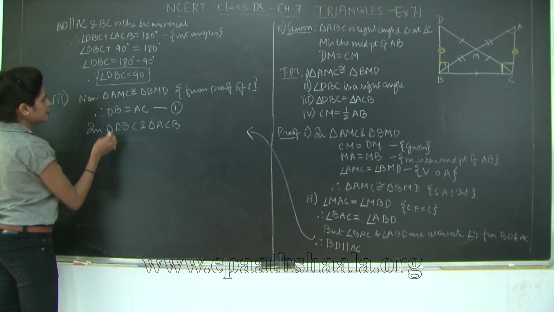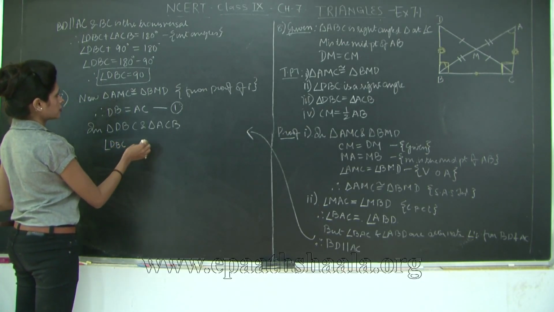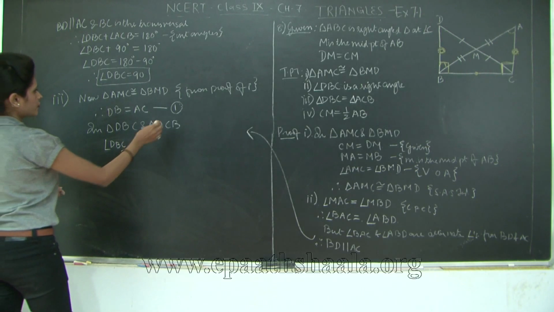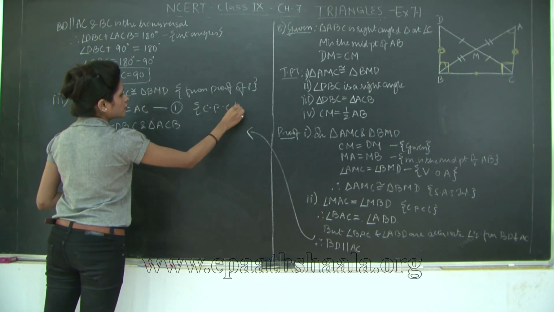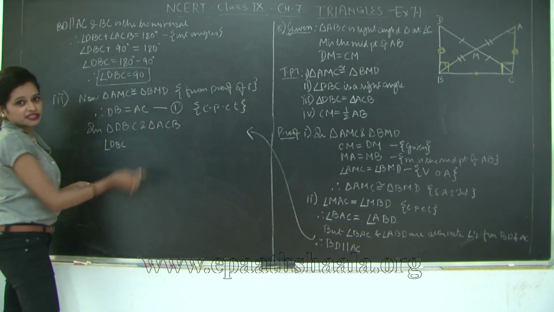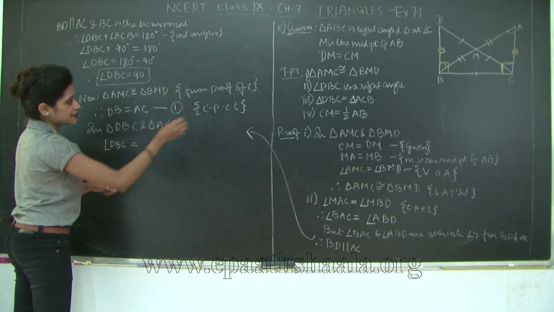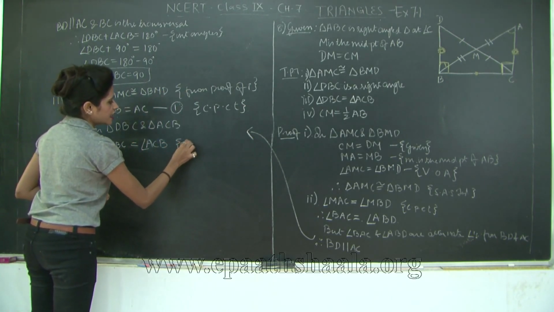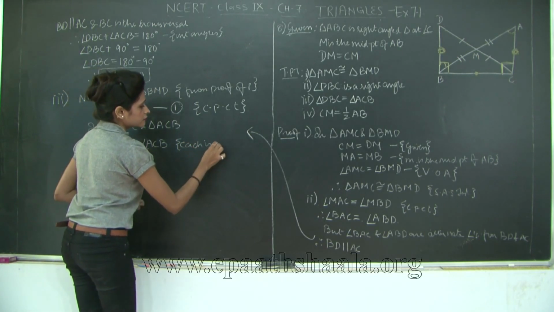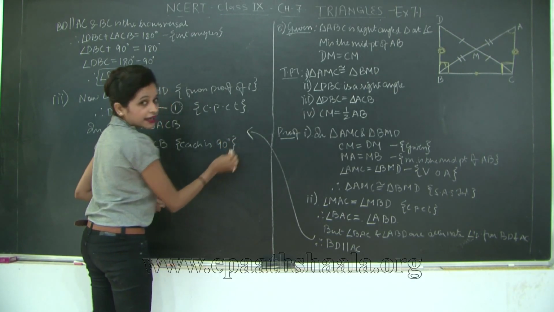I have angle DBC, and this is for CPCT, corresponding parts of congruent triangles, correct? Missed out this section. Now I have angle DBC is equal to angle ACB. Why? Each is a right angle, or each is 90 degrees, correct?